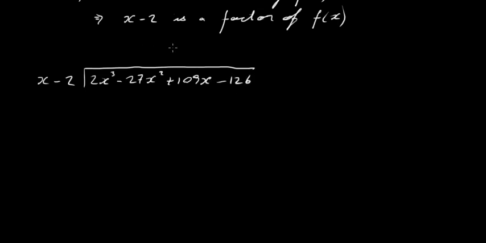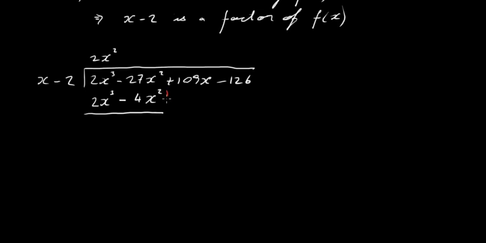So this will give us our other factor, which should be a quadratic, which we can factorize and find the other two roots then. Okay, so let's work through this. So x into 2x cubed is 2x squared. Multiply the 2x squared by these two, write our answer down here. So 2x squared times x, 2x cubed, plus times minus minus, 2x squared times 2 is 4x squared.